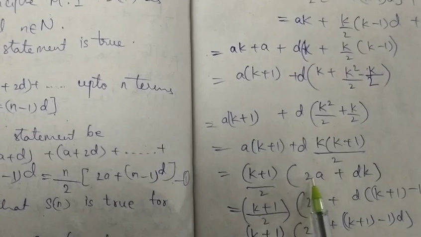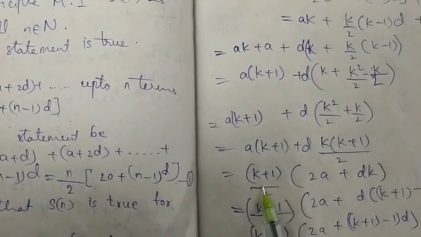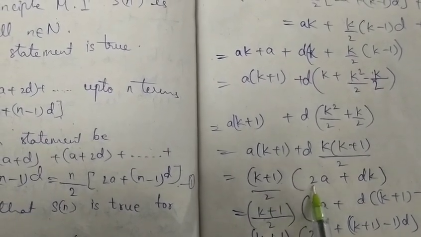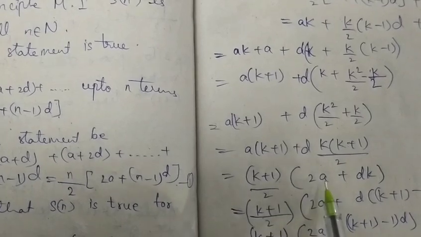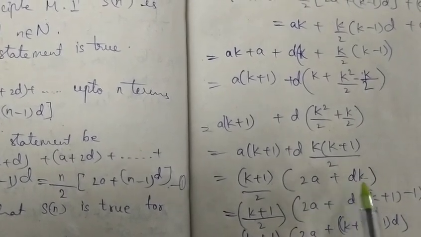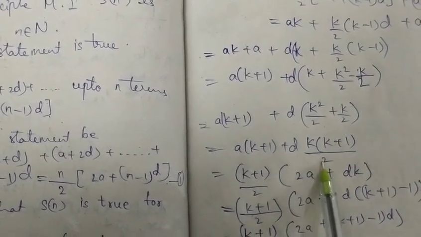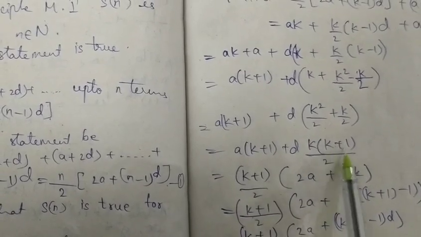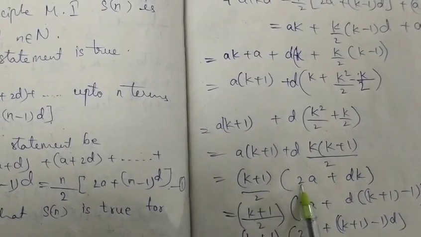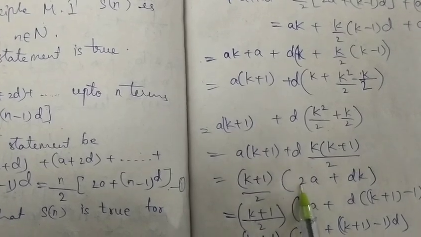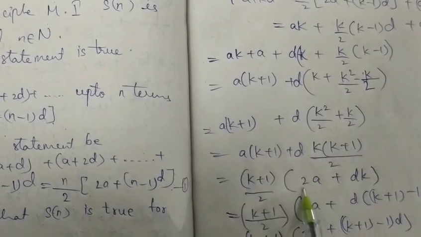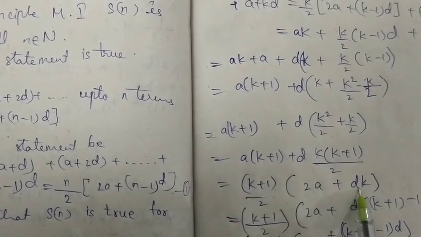So for getting 2 over here, we have to simply multiply and divide with 2. So we got 2a plus d into k. Now here we have 2, right? So we can simply take common k plus 1 by 2, whereas here we don't have 2. So we are taking 2 into a plus d into k.